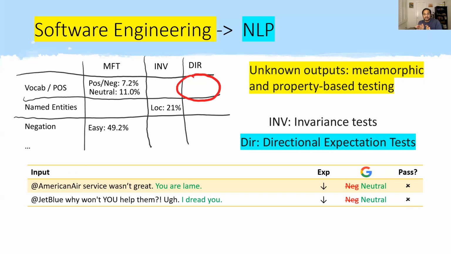We are adding the phrase "you are lame" to these tweets. And all we are claiming is that you shouldn't become more positive about these tweets. Here's another example. Whatever tweet says, "I dread you." That shouldn't make the sentiment more positive. We expect the sentiment at least not to go up. And then the model actually fails again about 50% of the time.